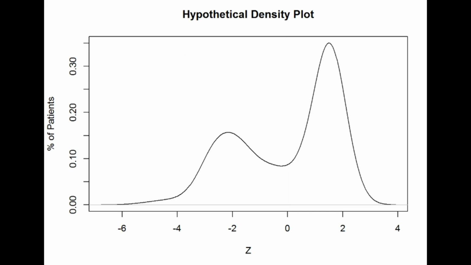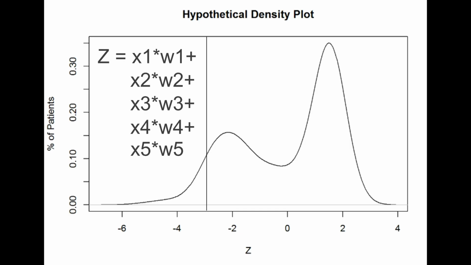Great. Suppose now we put some lines on here for one specific individual. The black vertical line on the left represents the true score some individual should have, which shows up right at a value of -3. However, this individual was missing a data point. They only had 4 variables observed rather than the 5 they should have.